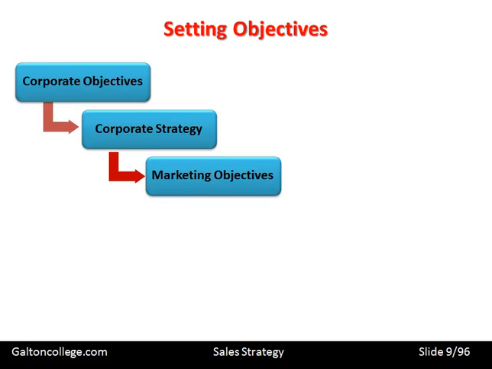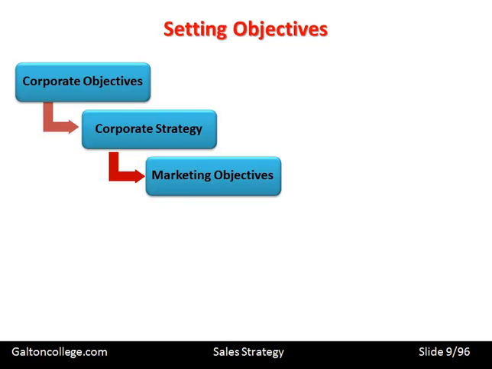And then we've got marketing objectives which flow from the corporate strategy. So the marketing objectives will be trying to live out or achieve the strategy. The strategy is to engage in more marketing in a certain area, and the marketing objectives will put meat to that.